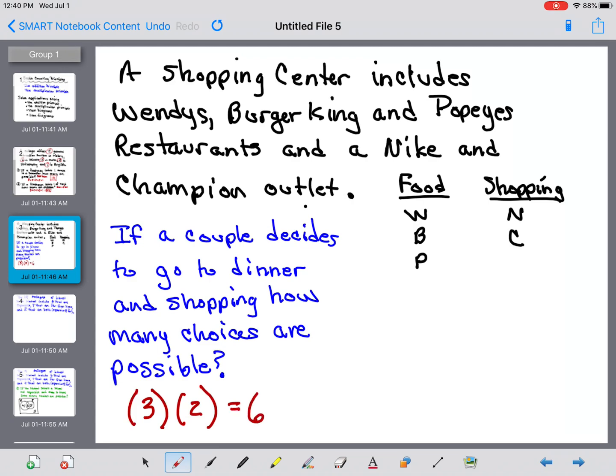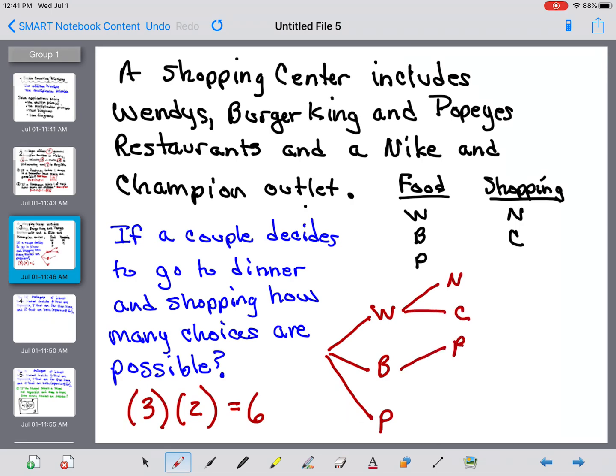It's also a nice example, because it's smaller, where you could use a tree diagram to represent this information. You have Wendy's or Burger King or Popeyes as your restaurants. If you decide to go to Wendy's, then from Wendy's you could decide to go to Nike or the Champion outlet.